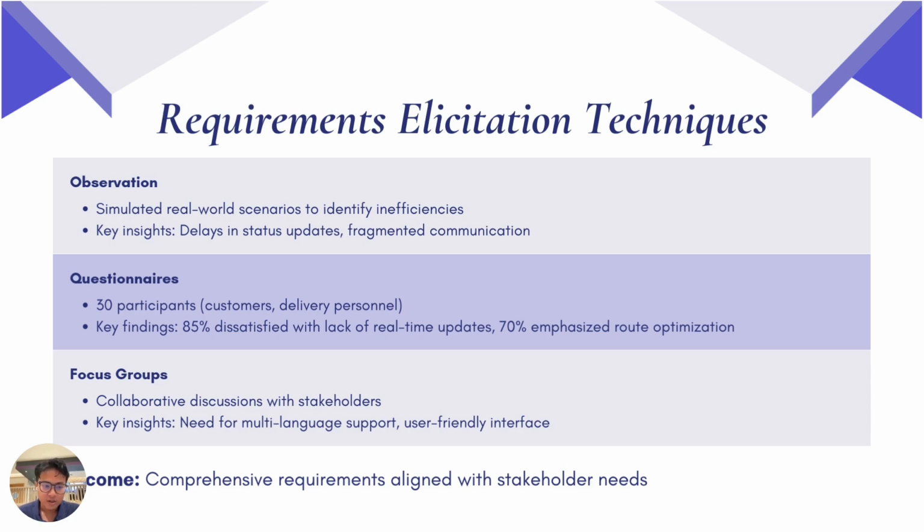We also gave out questionnaires. So we gathered around 30 participants, including the customers and also the delivery personnel. And what we found is that 85% were dissatisfied with the lack of real-time updates on the current system, and also 70% emphasized optimization.